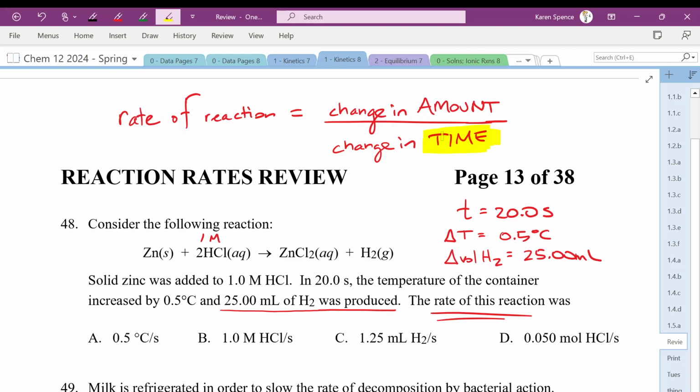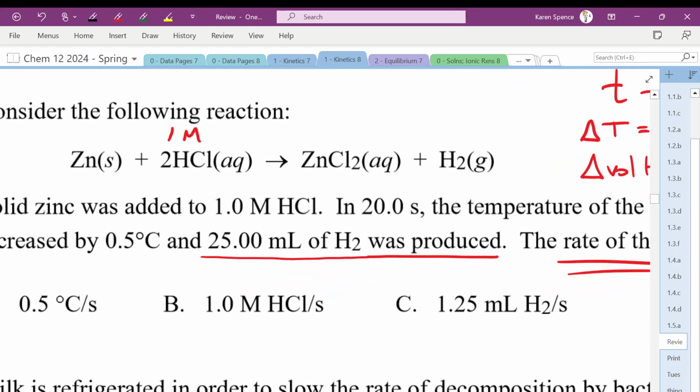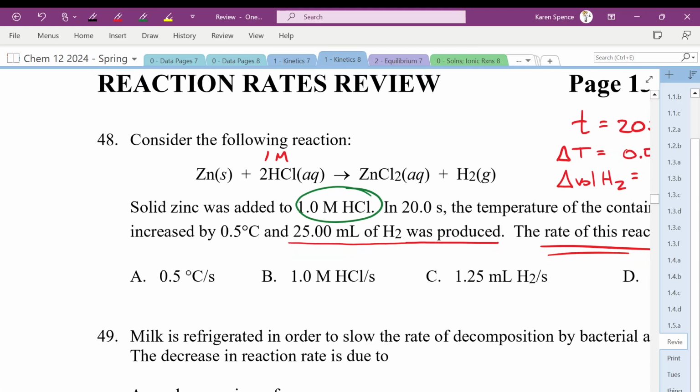Okay, so we have 2 options here. We either have a change in temperature over a change in time, or a change in volume over a change in time. Why am I not tempted by this 1 molar HCl? Do I know that I'm using up all of the 1 molar HCl in that 20 seconds? Does it say that anywhere?